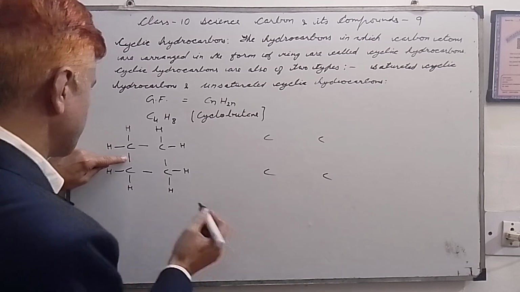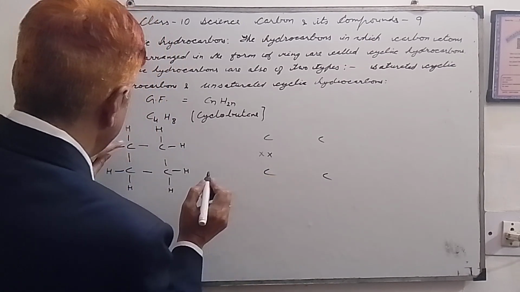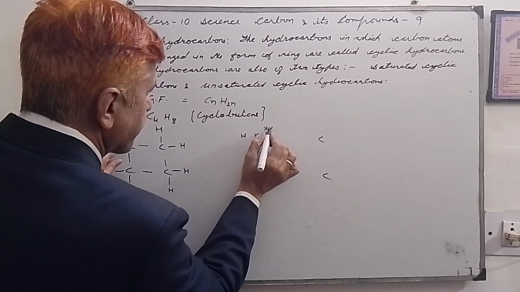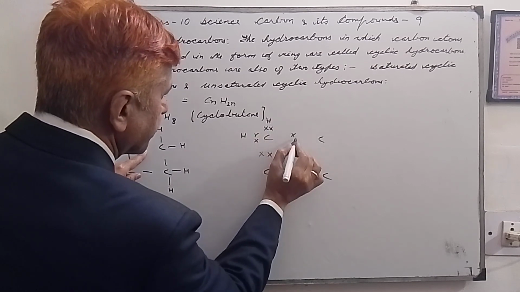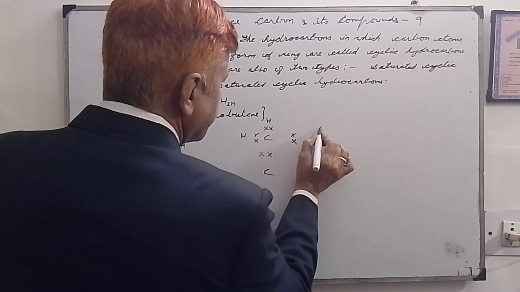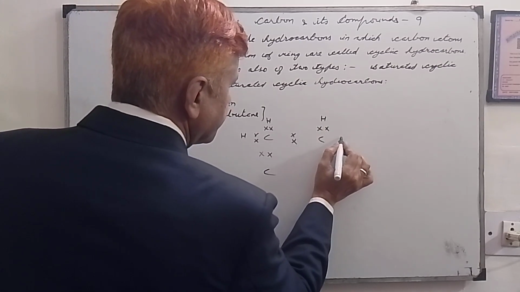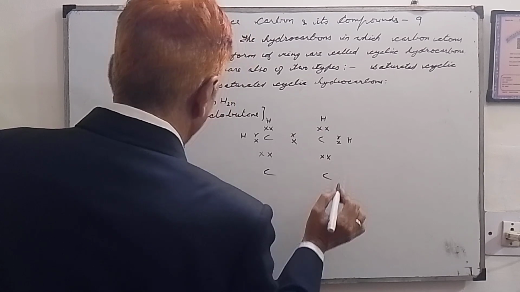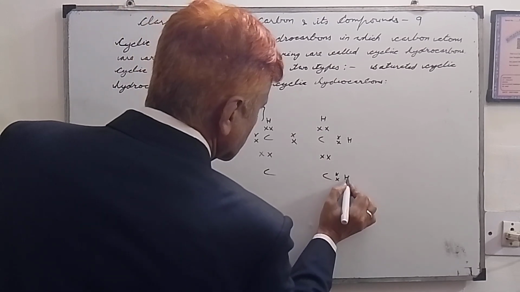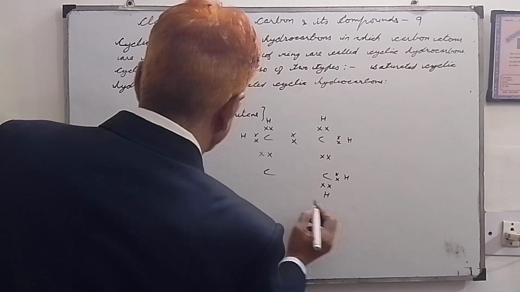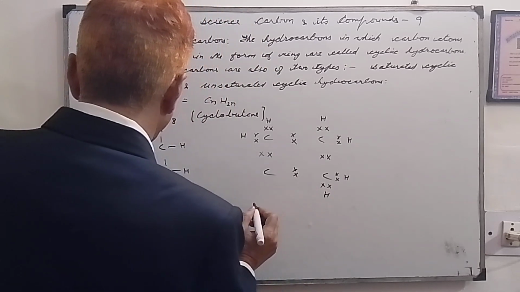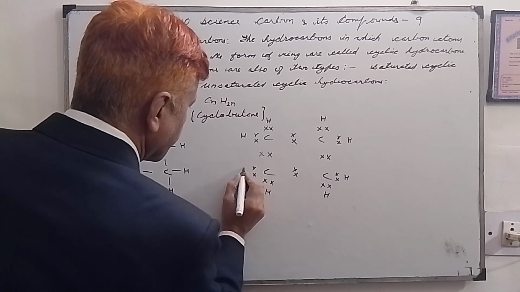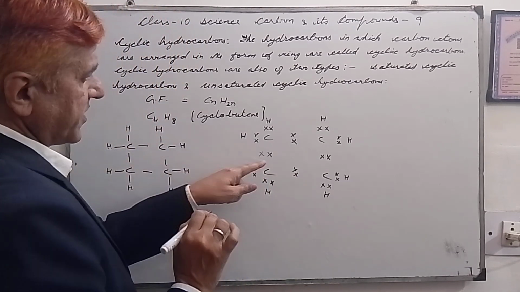So let's take this bond, one pair of electrons, this bond, H, this bond, now this bond, H, this bond, H, now this bond, this bond, this bond, this bond, this bond, and this bond we have already taken.